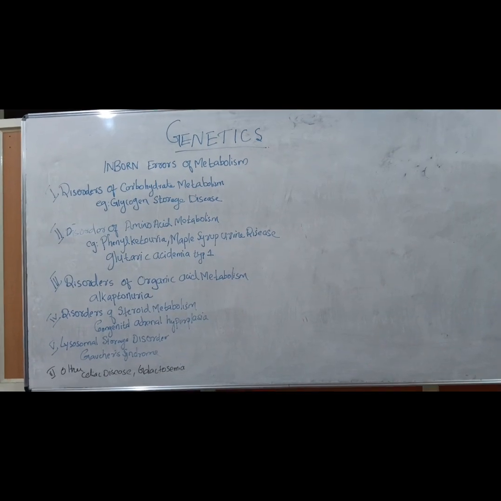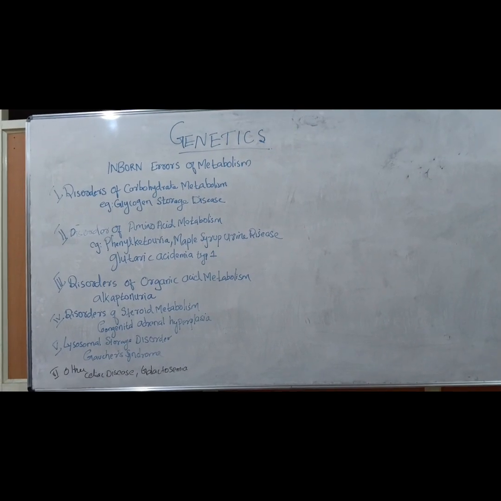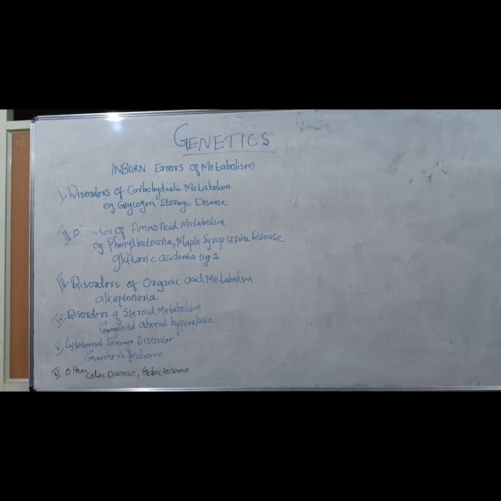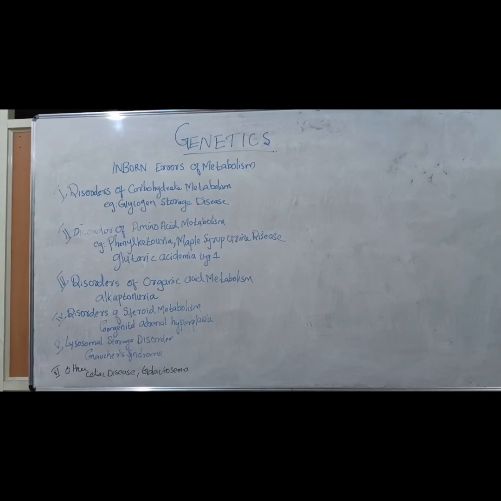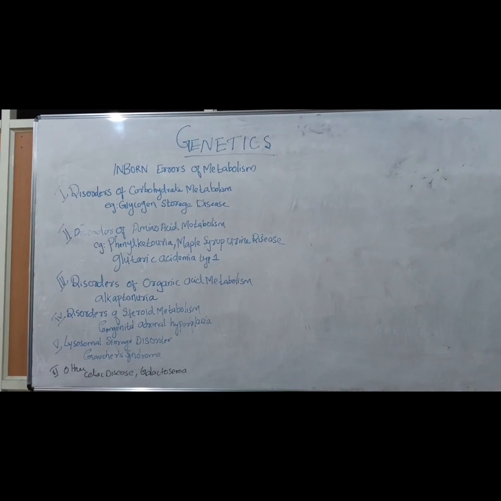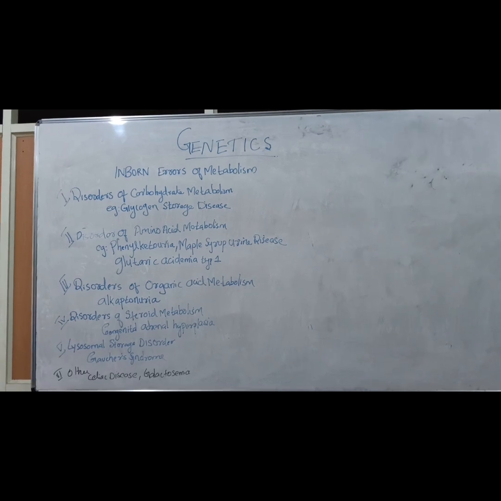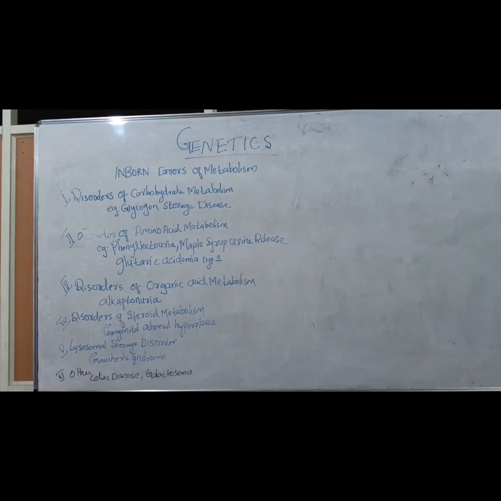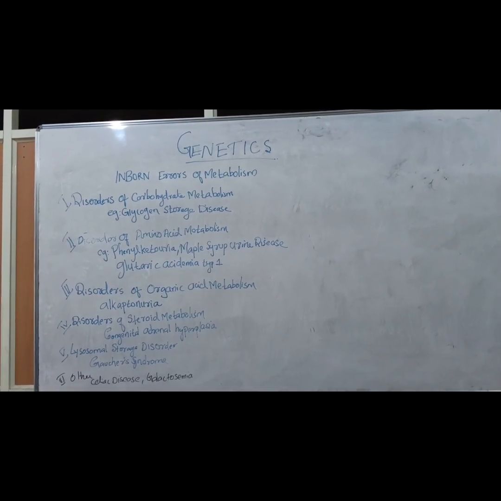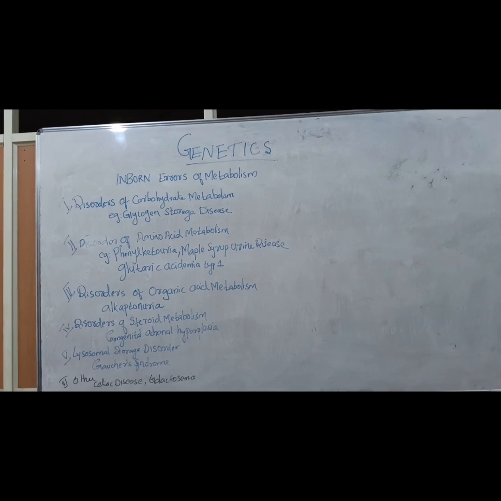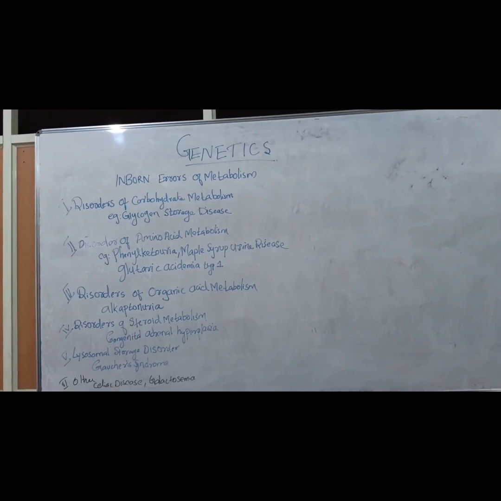Next is the disorders of organic acid metabolism, that is alkaptonuria. It is also known as black urine disease. It is an autosomal recessive disorder due to the defect in the enzyme homogentisate.